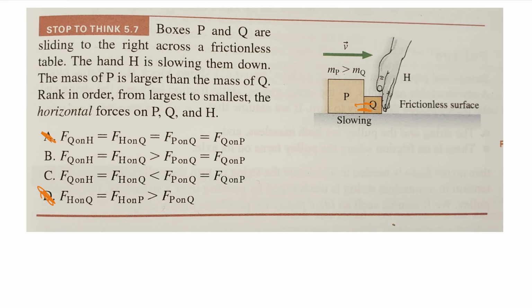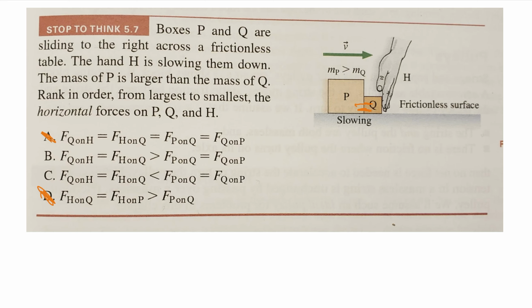So I figure that the box P must be acting on the hand greater, would be less than. It's slowing down. What is the key to this problem? It's being slowed down. What does that mean? That means that the hand is slowing down P and Q.